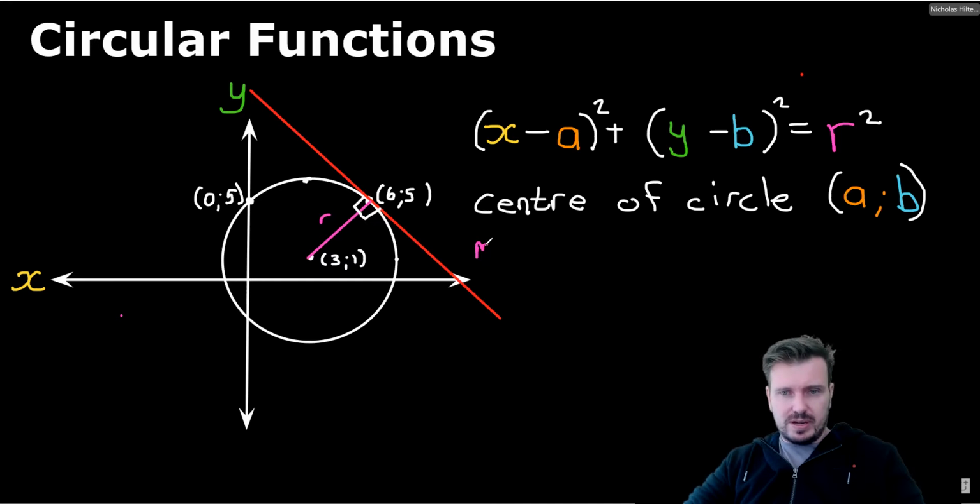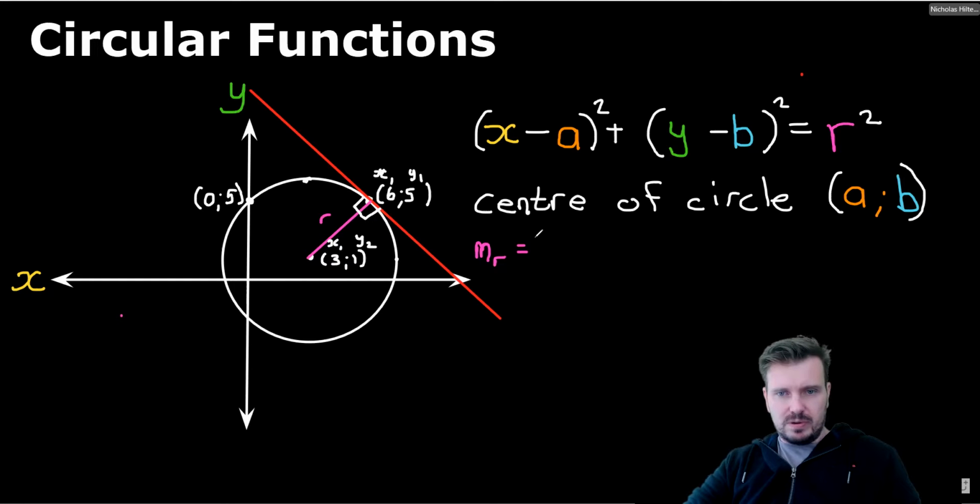So the gradient of the radius is change in y over change in x. So we'll make this y1 and this y2 and this x1 and this x2.